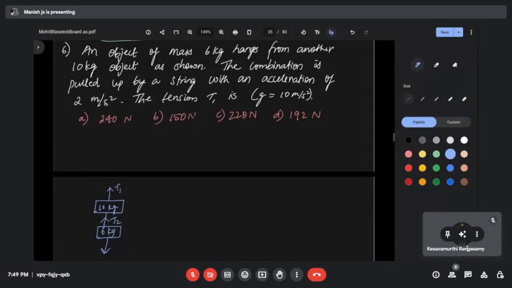So free body diagrams for the blocks need to be drawn. Draw the free body diagram of the first block and get the relation. In the same way, draw the second block and you can get the expression.